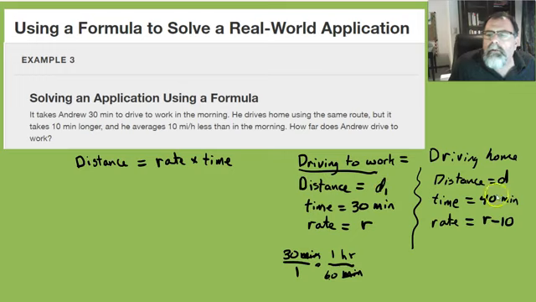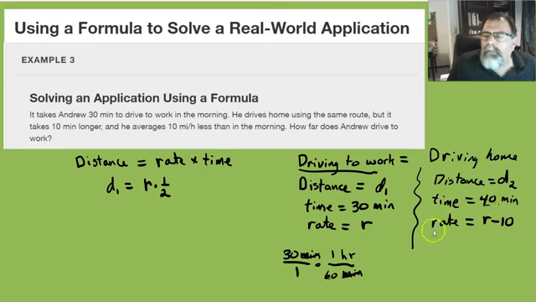Let's call this D1 and we'll call this D2. So D1 is rate, which is R, times time, 1/2. Now we're going to do the same thing here for D2.